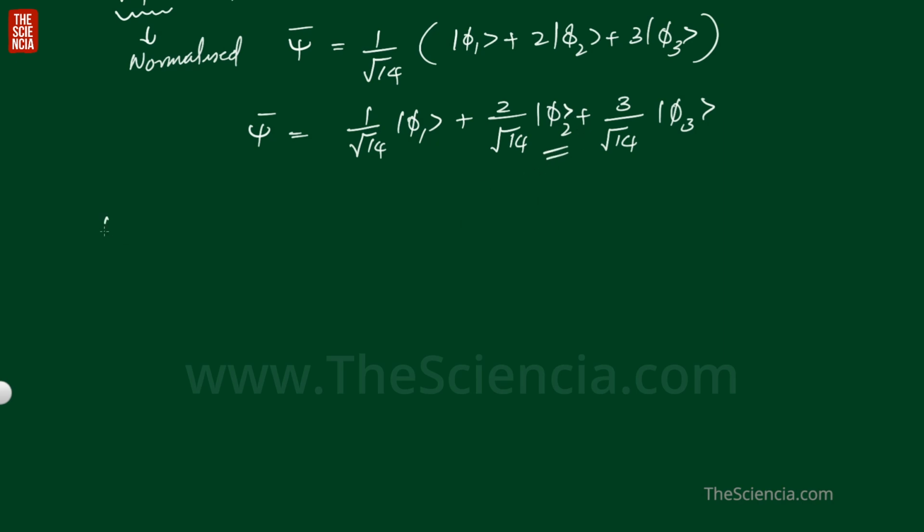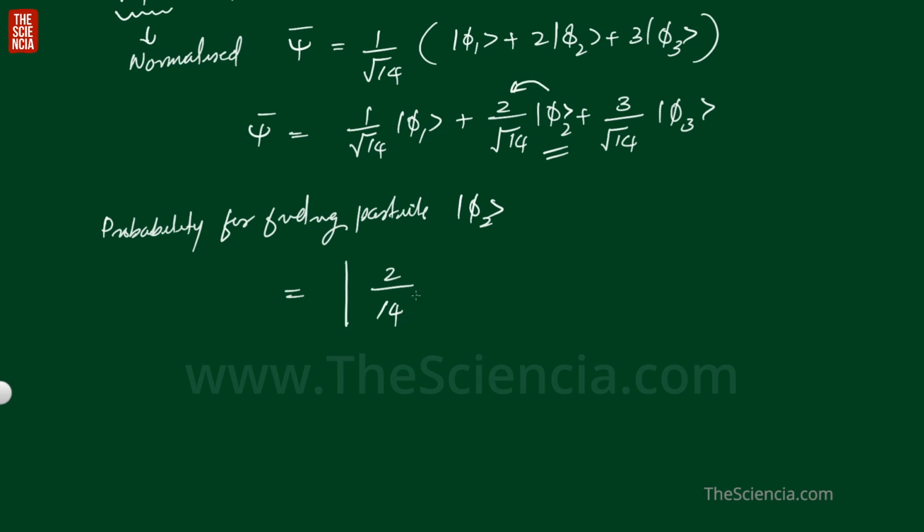I told you the probability for finding the particle at psi 2 state will be equal to the modulus of the coefficient of this term, that is 2 by root 14 squared, that is equal to 4 by 14, that is 2 by 7, and this value is approximately equal to 0.28. So we got the answer.